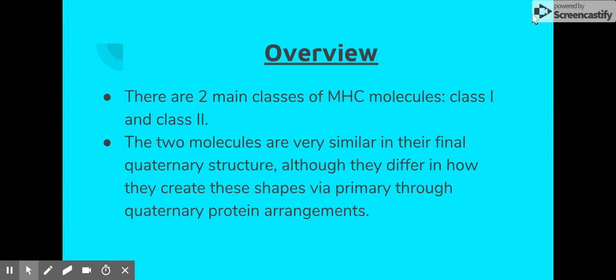So there's two main classes of MHC molecules, class 1 and class 2. The two molecules are very similar in their final quaternary structure, although they do differ in how they create these shapes via primary through quaternary protein arrangements. Some of the roles that they play: the development of humoral or cell-mediated immune response is one role.